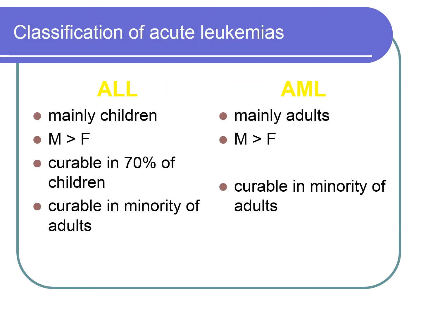Acute lymphoblastic leukemia is more common in children, and luckily it's a curable one, and it is more common in males than females. AML mainly presents in adults, more in males than females, and it's a little bit more aggressive than acute lymphoblastic leukemia, and it's curable in only a small percentage of adults.